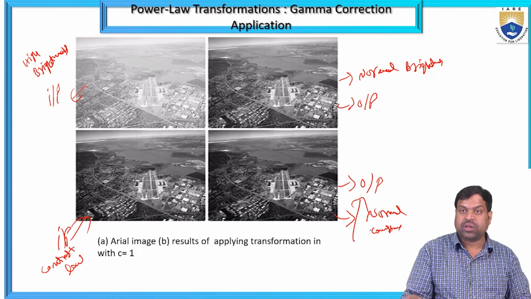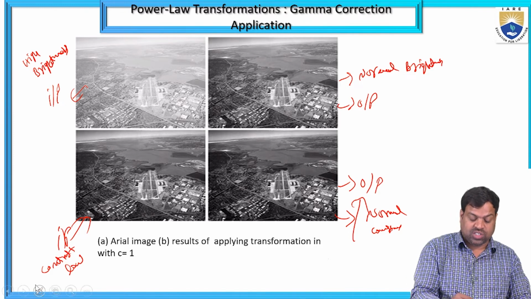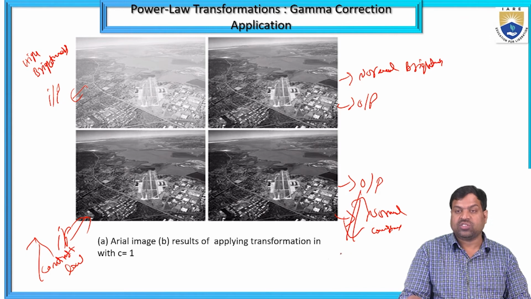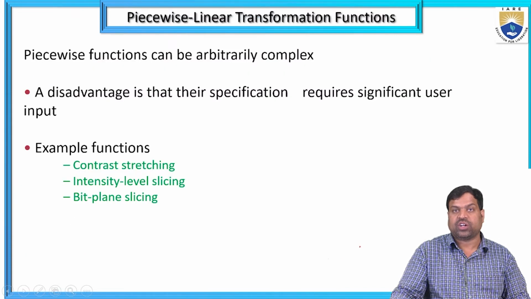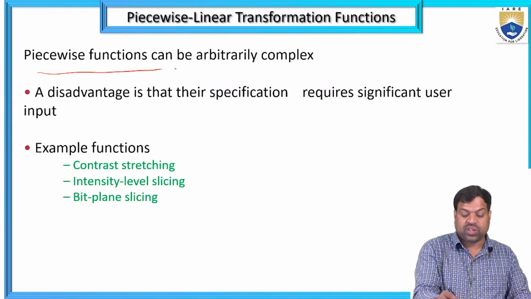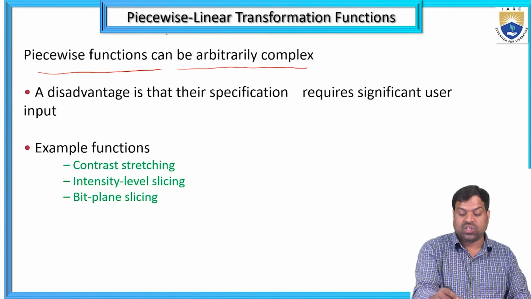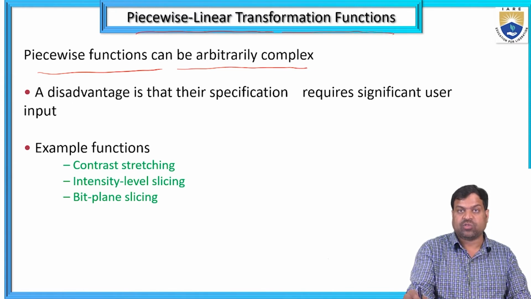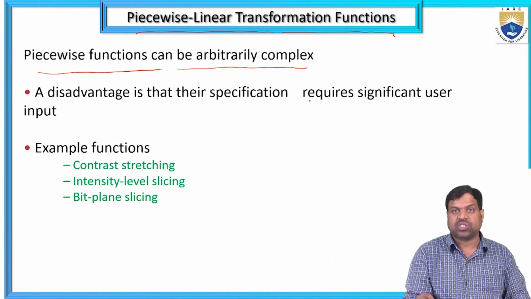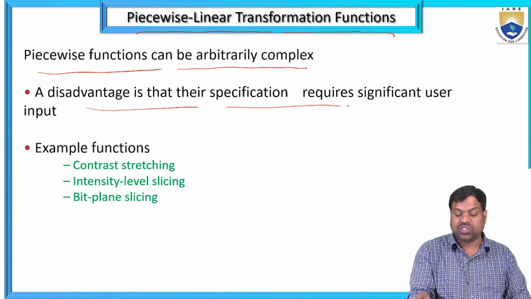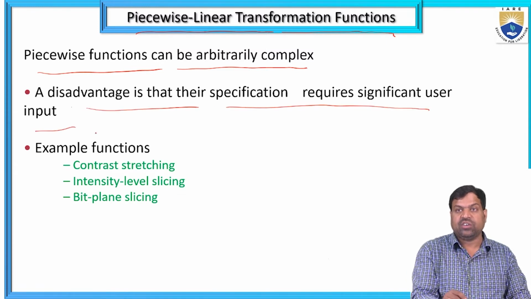That means here the contrast is very high, here the contrast is very low. So the piecewise functions can be arbitrarily complex. What is a piecewise linear transformation? We have discussed what a piecewise linear transformation function is. The disadvantage of this method is that it requires significant user input.